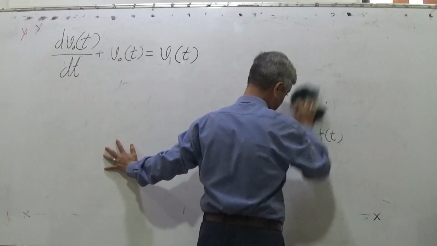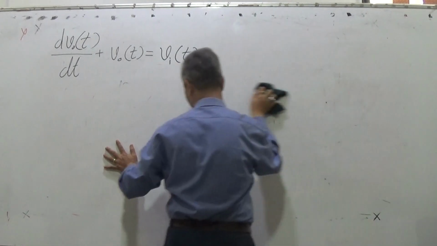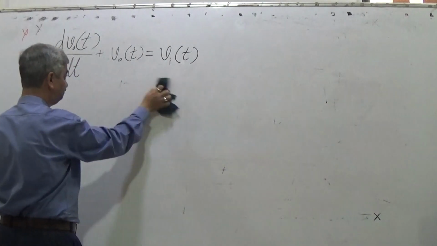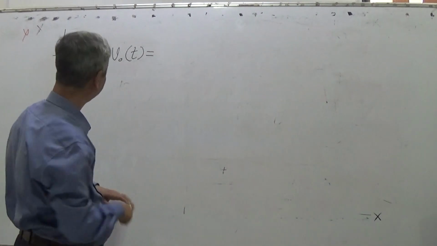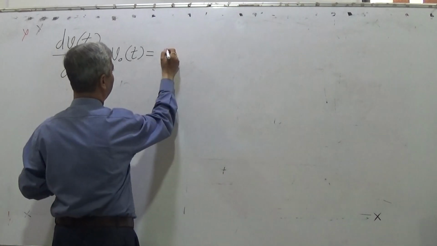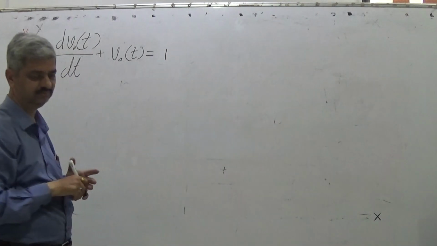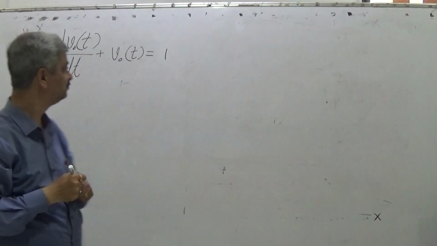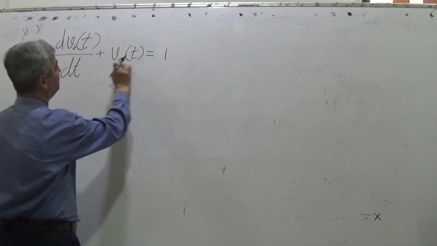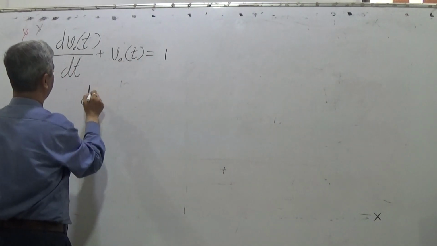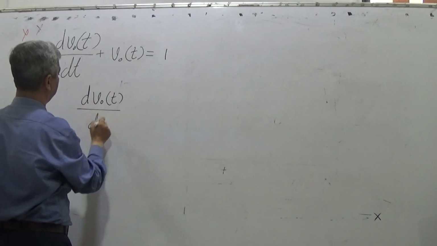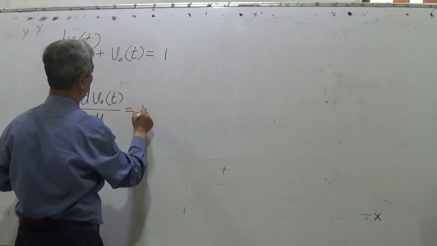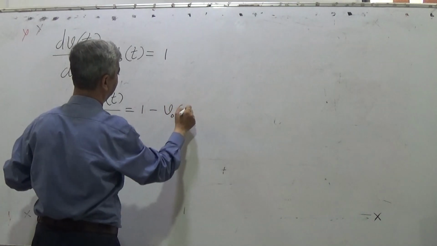Now it is a plus b e raised to lambda t. So if this is equal to 1, we solve it now. If this is equal to 1, how to solve? I take Vo(t) on the other side, so dVo(t) upon dt is equal to 1 minus Vo(t).